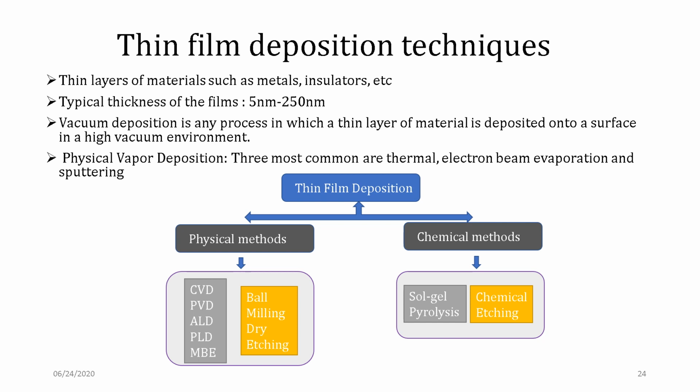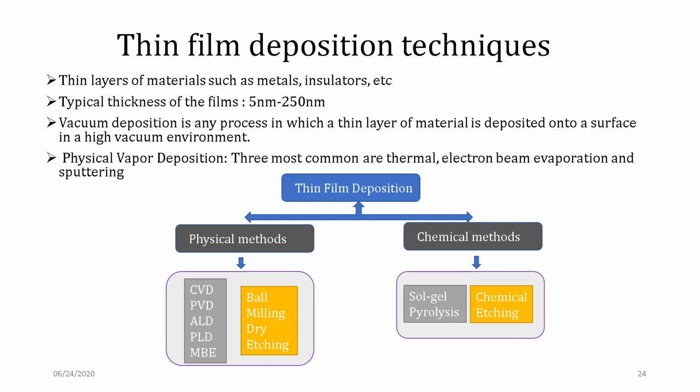We can deposit materials like metals, insulators, and semiconductors, and the thicknesses of materials that we are looking at can vary from 5 nanometers to 250 nanometers. In the physical methods, we have PVD, which is thermal evaporation, electron beam evaporation and sputtering, and then you have atomic layer deposition, then pulsed laser deposition, then molecular beam epitaxy.